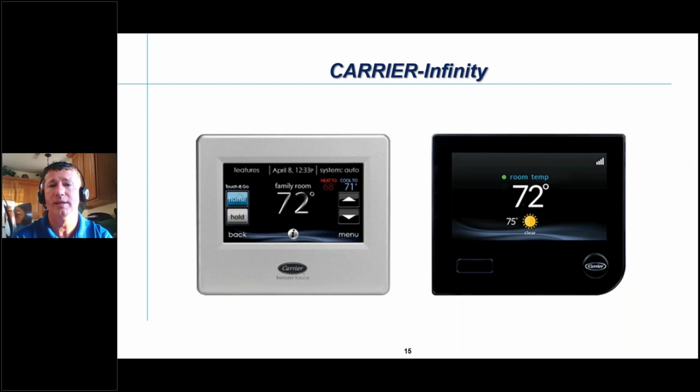If we look at what has happened with Carrier over the years in their modulating equipment, they went the same direction as far as putting all of the modulating capabilities inside of that thermostat. So when we get talking about the Carrier Infinity systems, we're talking about systems that are removing the switches and now doing modulating at the thermostat.